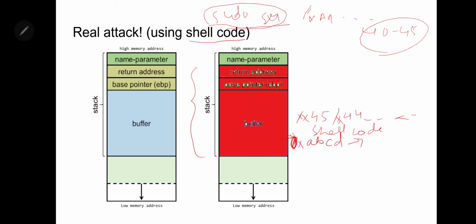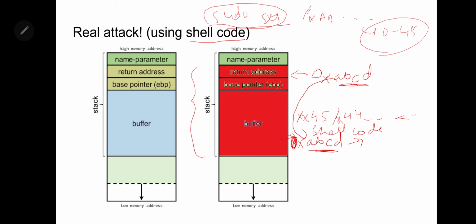Now in the return address, you point to this particular address of the shellcode. What happens is once the program ends, it tries to find out the return address. It sees that the return address is ABCD, so it goes to ABCD and finds a command that it is supposed to execute.